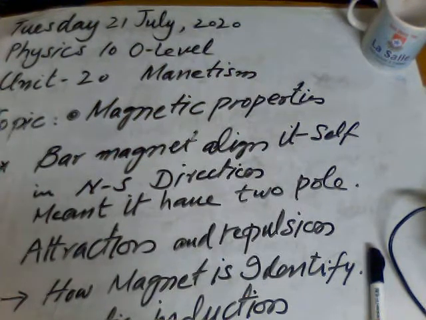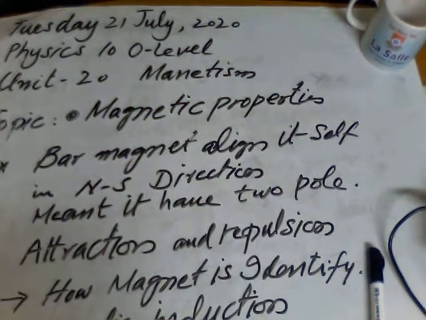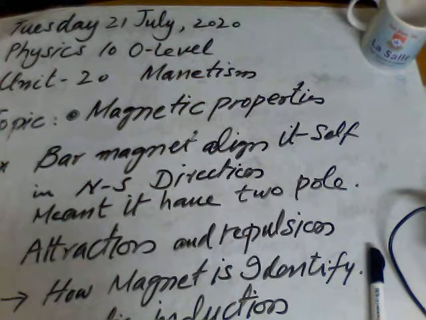The second is attraction and repulsion. The same poles repel each other, north to north and south to south. If we have two magnets and bring the north of both close to each other, we will feel the force of repulsion between them.